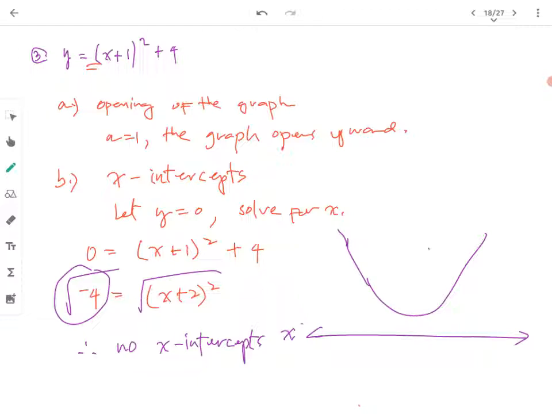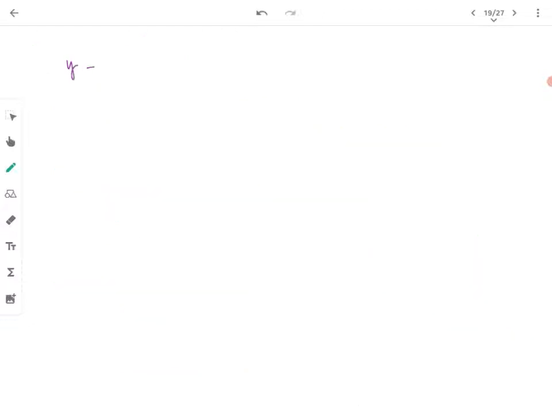Next, letter C. Is it also possible that the graph will not cross the y-axis? The next one is the y-intercept. So let's try the y-intercept. That's letter C. Let x equals 0, solve for y.